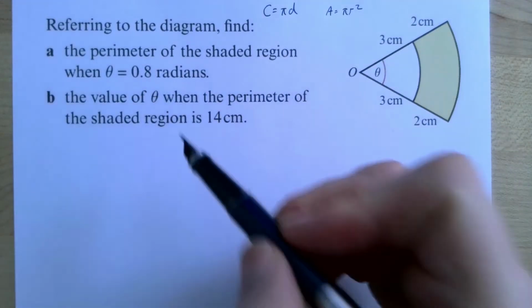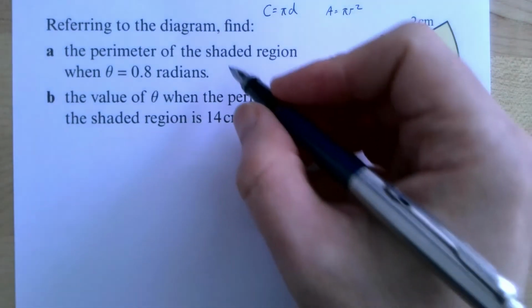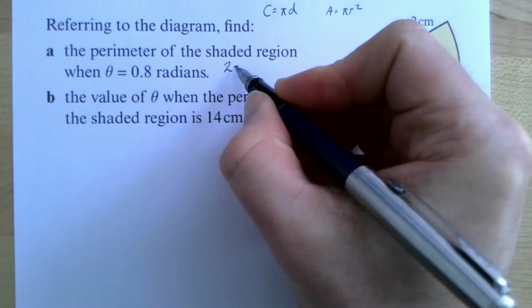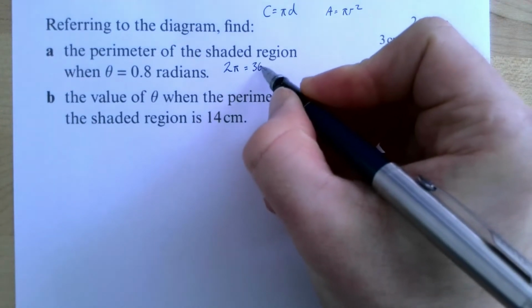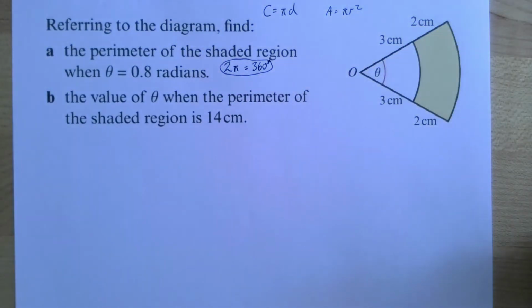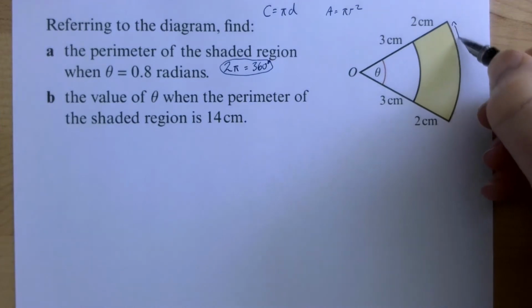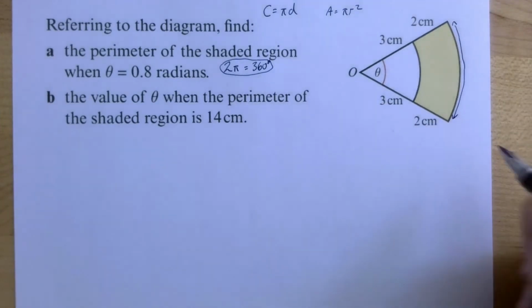The perimeter of the shaded region when we've got 0.8 radians. Now the thing you need to remember is that 2 pi is the same as 360 degrees, or the full circle. And you know that the arc is going to be a fraction of it.